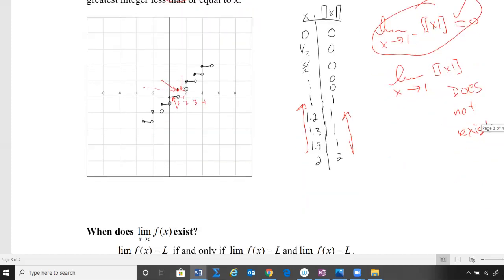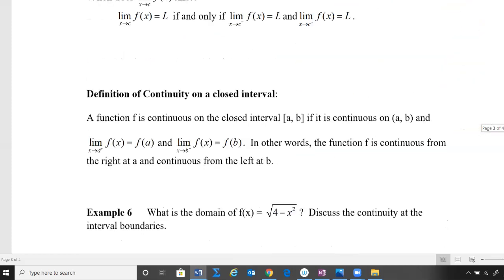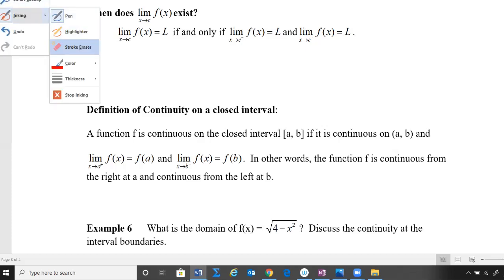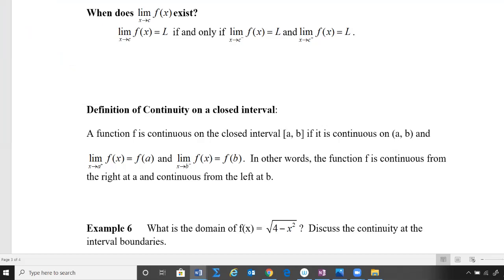All right, that was a lot. Here's a summary of what I was just saying. The two-sided limit is only going to exist if the limit from the left and the limit from the right are the same.